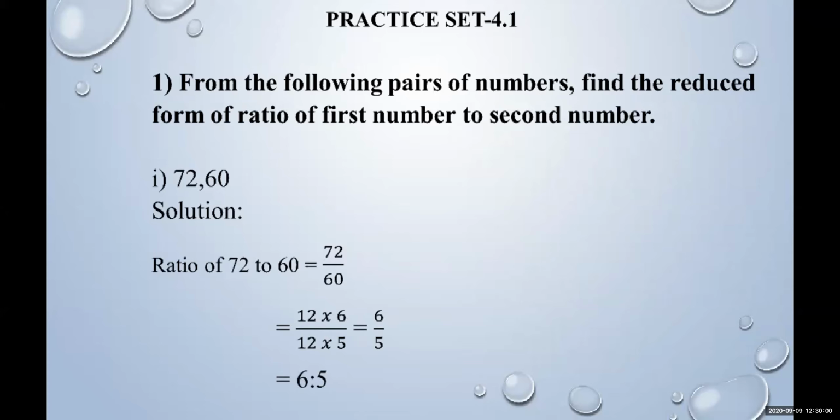We know that 72 is 12 sixes and 60 is 12 fives. So we can cut 12 and 12 in both numbers. What is remaining? 6 as to 5.